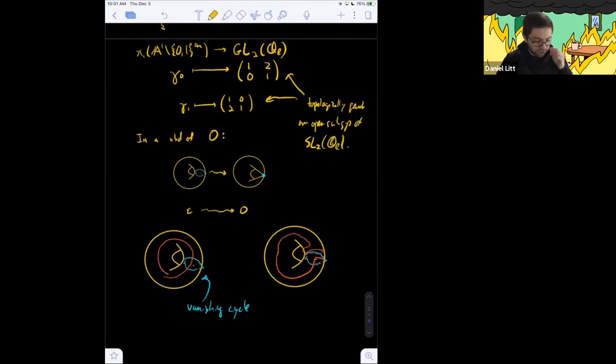If l is 2, it's not the whole SL2 Z_l. Otherwise, it generates all of SL2 Z_l topologically, so it generates a dense subgroup of that. Are there any questions about that before I start recalling the general situation?